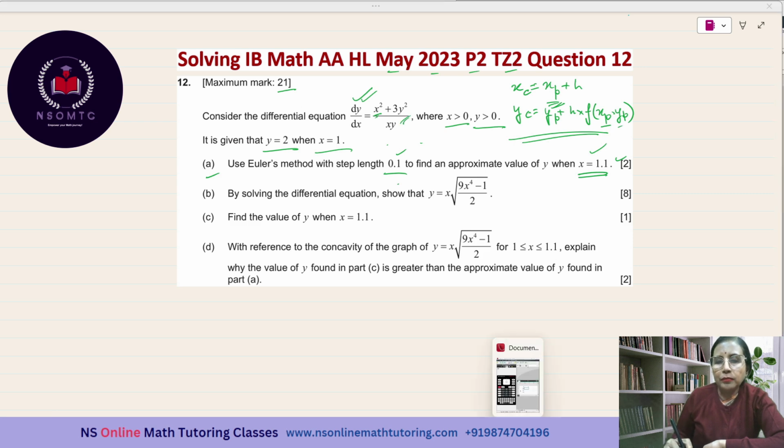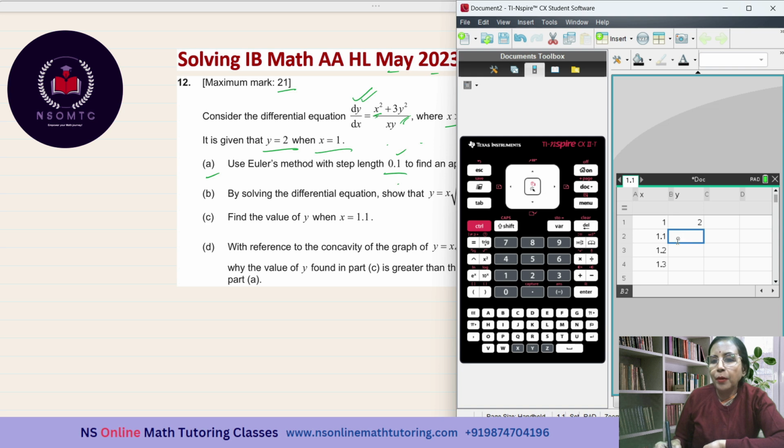So I go to this point in the B2 cell. It is again a formula, equal to yp, which is B1, plus h, which is 0.1, times, and it is this way.